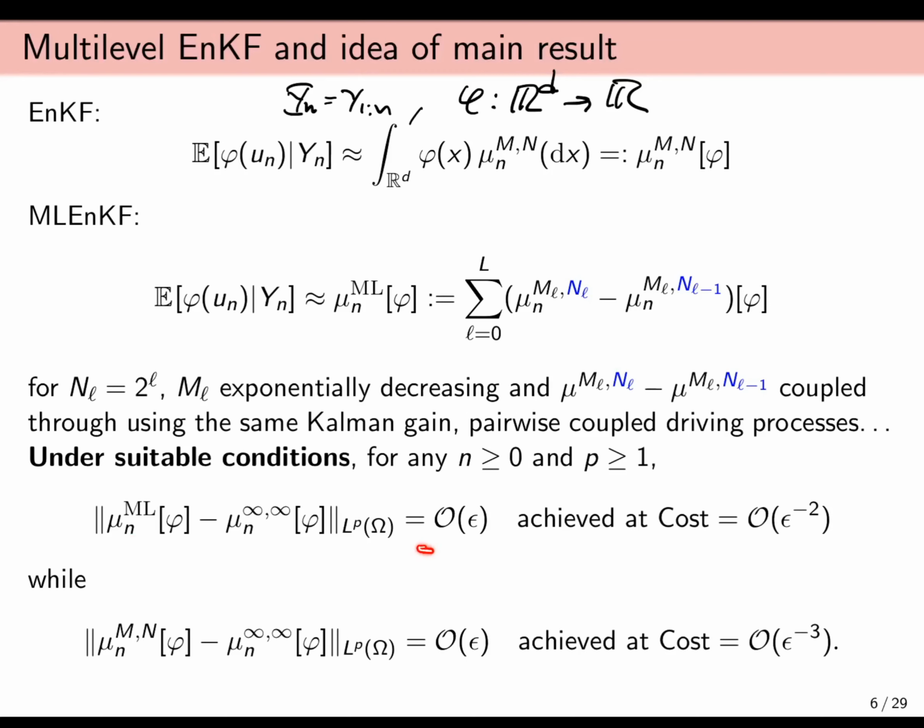In order to achieve an accuracy of order epsilon, it costs me order epsilon to the -2 using the MLEnKF method, whereas for the EnKF method, the same accuracy costs one power more, so epsilon to the -3.